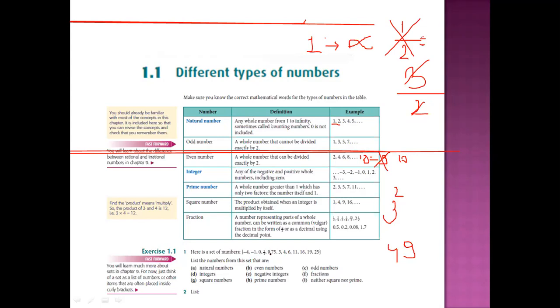That's why it's not a natural number. So 3, 4, 6, 11, 16, 19, and 25 are the natural numbers from here, okay?